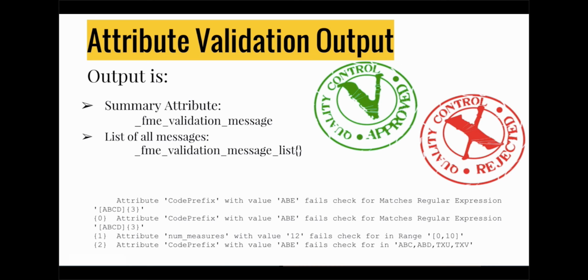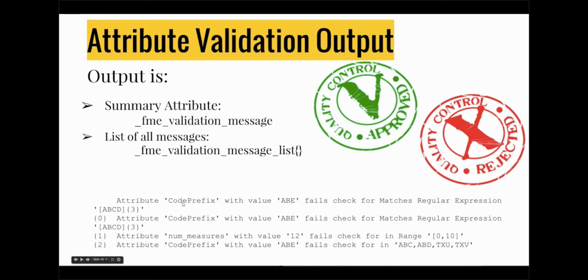A single feature might fail more than one validation test because more than one attribute might fail a test, or even one attribute might fail more than one test. So the first message is just put on this summary message here. And then we have a list data structure that summarizes all of the messages.